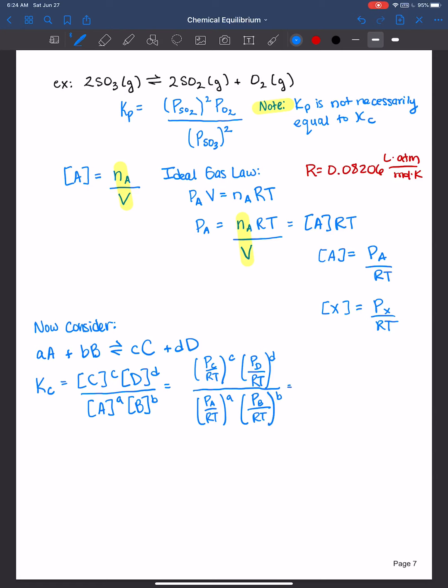And I'm going to just simplify. I want to pull out the partial pressures as one term, and so I'm going to show you that.